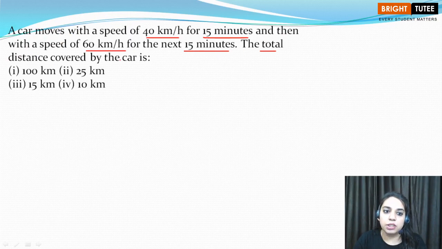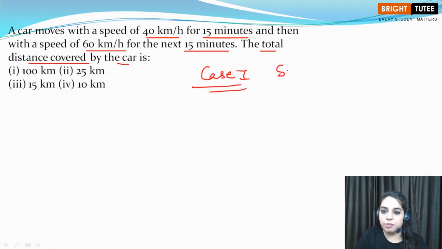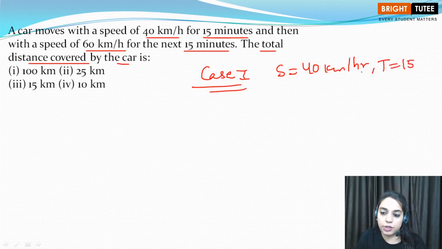You have to calculate the total distance traveled by the car, children. In the first case, the car is traveling with a speed of 40 km per hour and the time is 15 minutes, and we will have to convert it into hours because we have speed in hours, so we will divide it by 60.